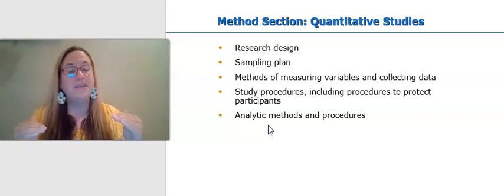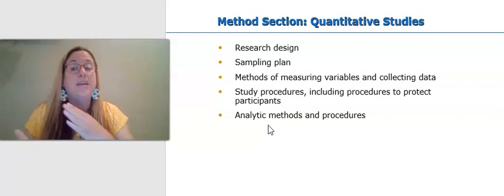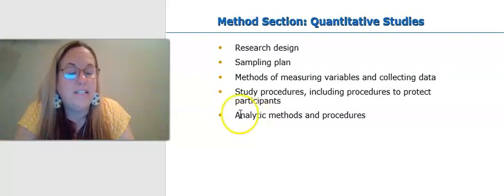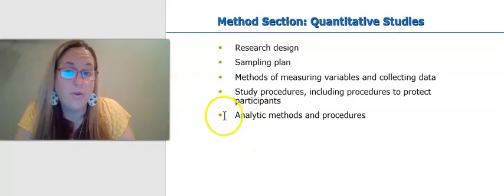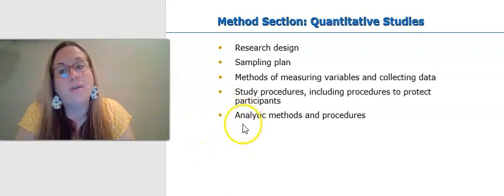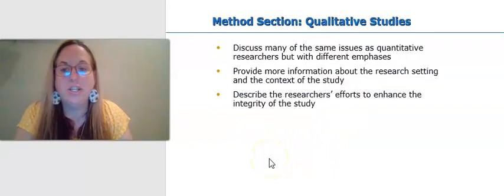They're going to basically list the statistical tests they're going to use to answer which of the research questions. Oftentimes they tell you what statistical software they're going to use, like Stata or SPSS, that kind of stuff. So that's going to be at the end of the method section.